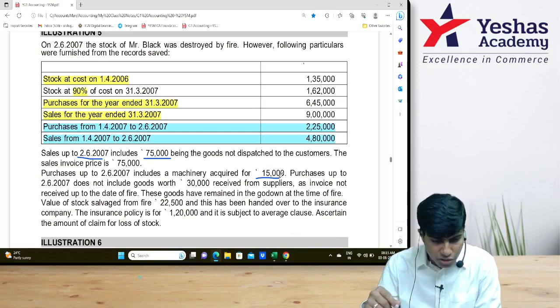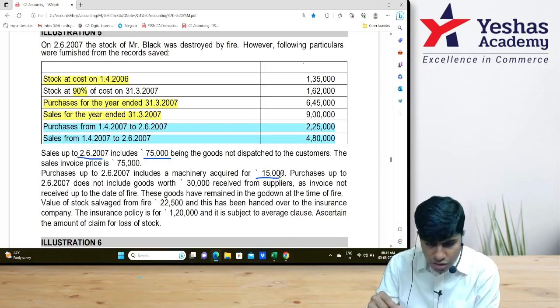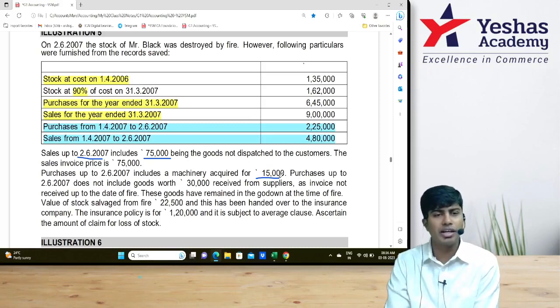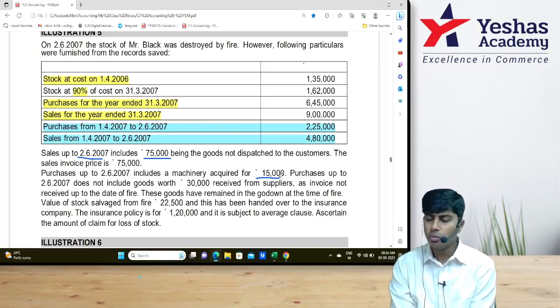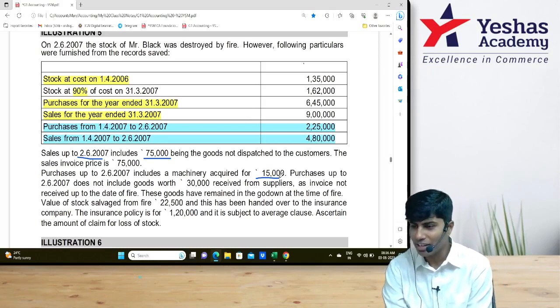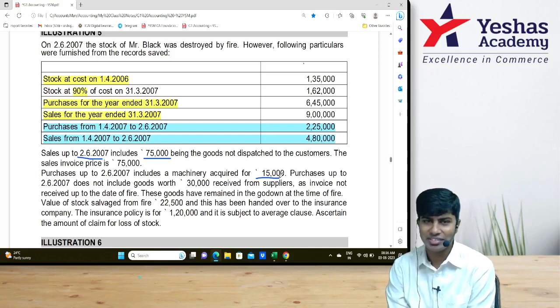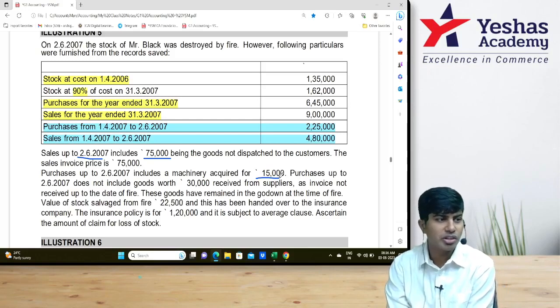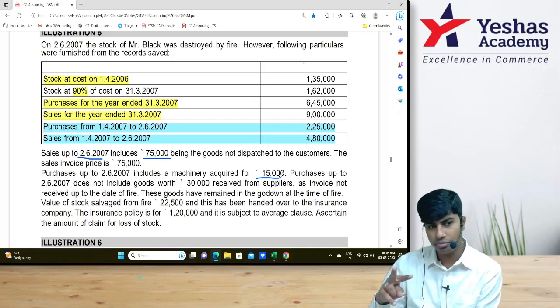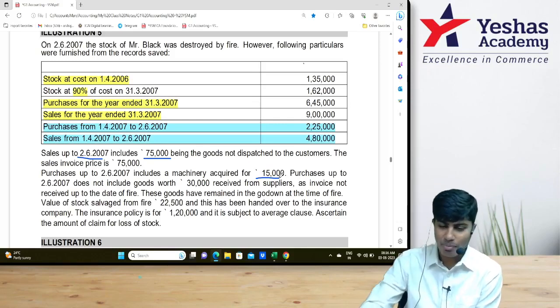Underline that purchase of goods received from suppliers, 30,000, to be included in stock as on date of fire. So we should add it to purchase. Do you understand what I'm trying to tell? So there are two adjustments in purchases, and one adjustment in sales.